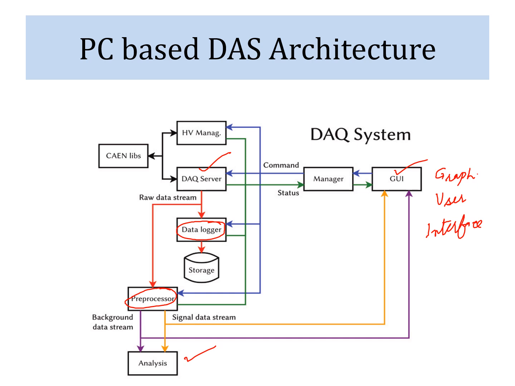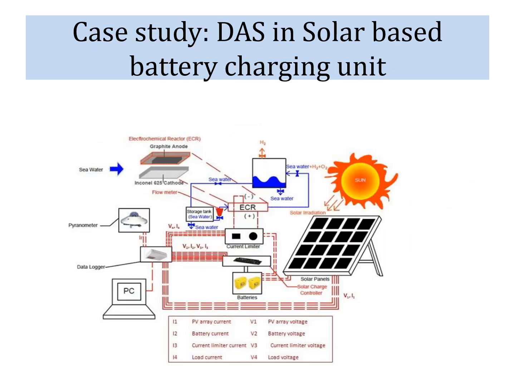So this is the architecture. Next is one case study in which a data acquisition system is used in an ECR where a solar based battery charging unit has been employed. So let's see where the basic functional elements are in this system.